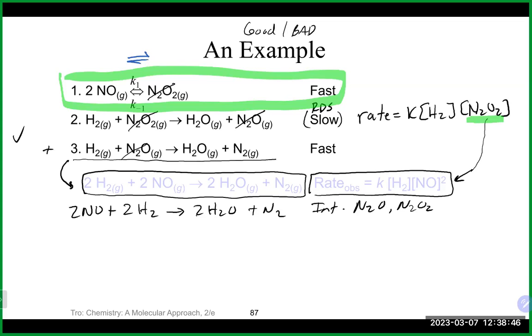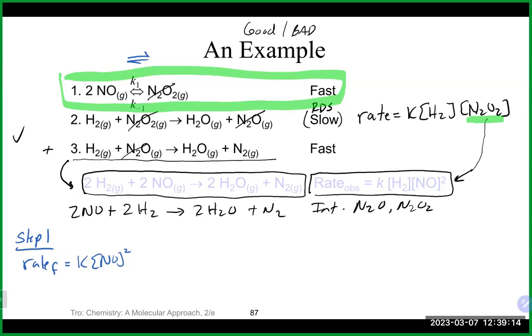And that means that there is a forward reaction and also a reverse reaction that's going to take place, which means that you could actually write a rate law going in both directions. So you could write the rate law for the forward direction. If we did that for step one, the rate law for the forward direction would be the rate is equal to K times NO squared.